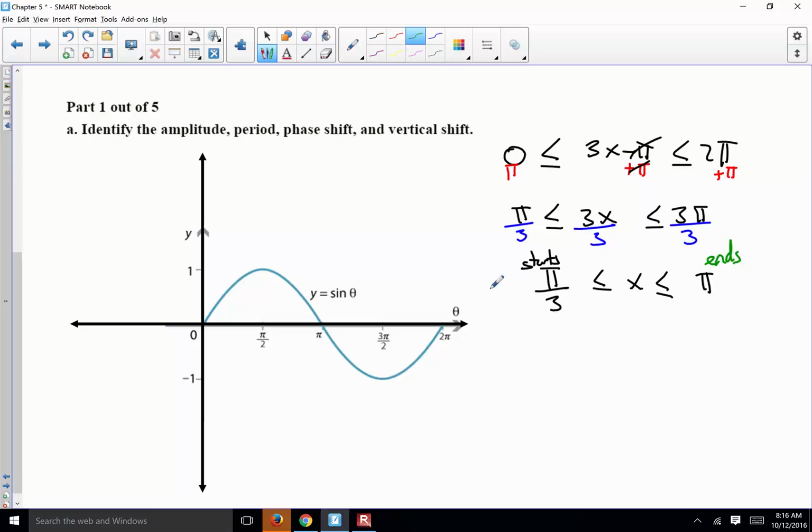So let's mark those values. Where is pi over 3? This is 60 degrees. This is 90. So it's 2/3 of that. 60 is 2/3 of this distance. A little past half.